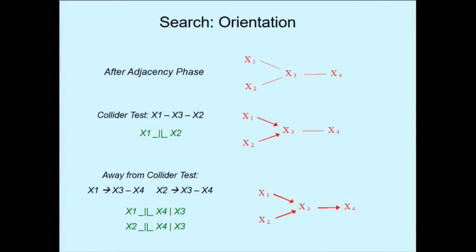It wouldn't matter in the end because the algorithm says keep repeating until there's no information left to gain. If I did these first, I'd get that's a non-collider on this path and that's a non-collider on this path. Then I'd be faced with that information. But when I went back to look at the X1, X3, X2, I'd see that these are oriented, and I'd revisit to see if I have an away from collider test.